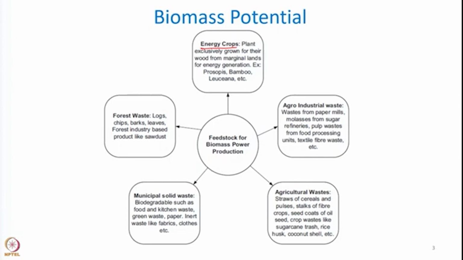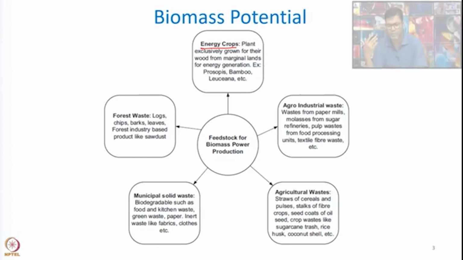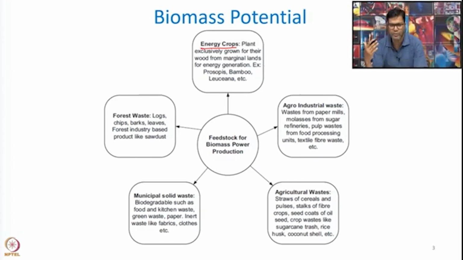As you might know, Brazil is growing sugarcane to harness bioethanol, and in the US they are growing sweet corn to harness bioethanol. So bioethanol from sugarcane in Brazil or from sweet corn in the US are examples of energy crops or energy cultivation.